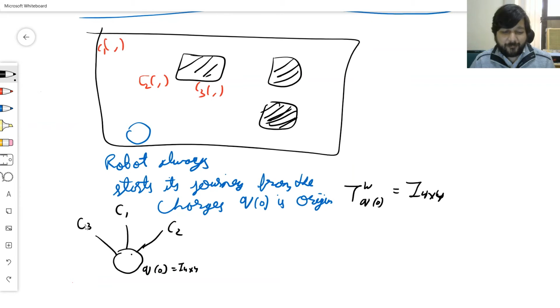So I know the transformation between this corner and myself, this corner and myself, this corner and myself. So I know this is this transformation times this transformation, which is the same as these transformations as of now. So I can calculate these 3.